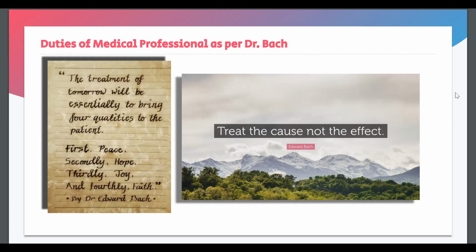Third, we have to bring joy into that person's life by healing the problems. And the fourth important aspect is faith, to have the faith that they have enough time and energy for their life. Okay. So these are the four aspects which Dr. Bach has given us when we are going with the Bach system.